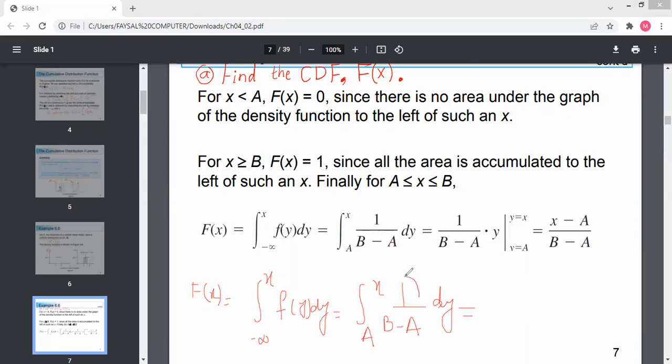This is my constant. I will take this constant behind my integral. So it is 1 upon b minus a, then the integral from a to x, taking the integral values dy.